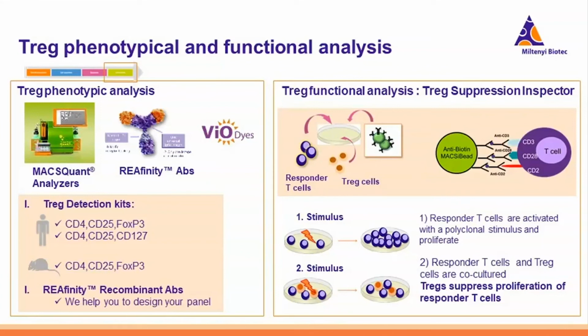And you can see here when the responder T cells receive the stimulus, they start to proliferate. But when you culture your responder T cells with Tregs after receiving the stimulation, Tregs suppress the proliferation of responder T cells. And in this way, you can see how functional your final Tregs yield is.